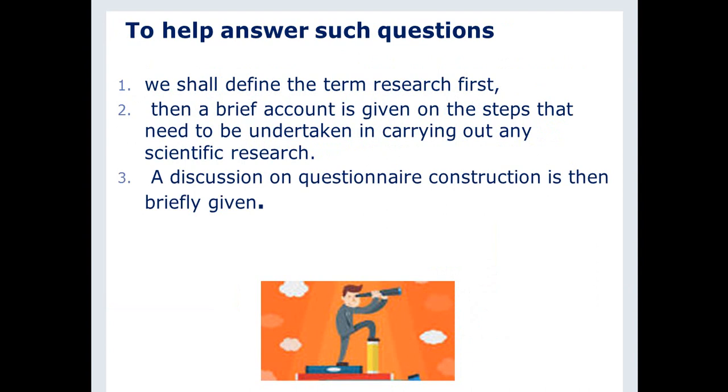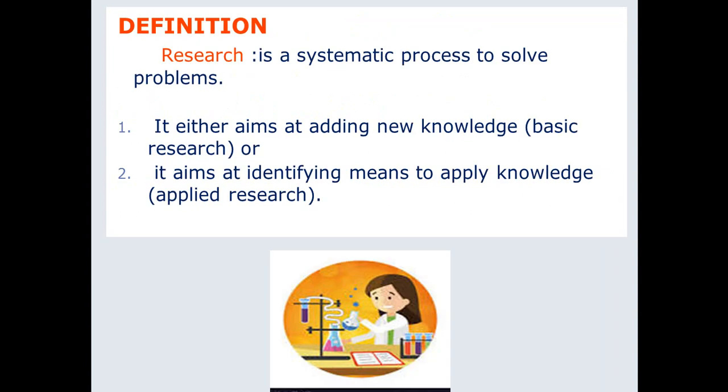So to help answer such questions, we shall define the term research first, and then we will have a brief talk about the steps that should be undertaken in carrying out any scientific research, and then discussion on the questionnaire construction is briefly given. So by definition, research is a systematic process to solve a problem.